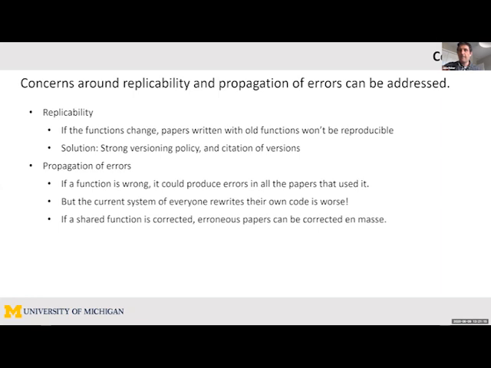If we have a shared function, it's easier to find the error in that one shared function, and then we can correct all the erroneous papers on MIDAS. This actually did happen in a real-world example. I believe there was a bug in the code to analyze fMRI data, and hundreds of papers had an error because of this bug, but they were able to fix all of these papers en masse because they could fix this one central function.